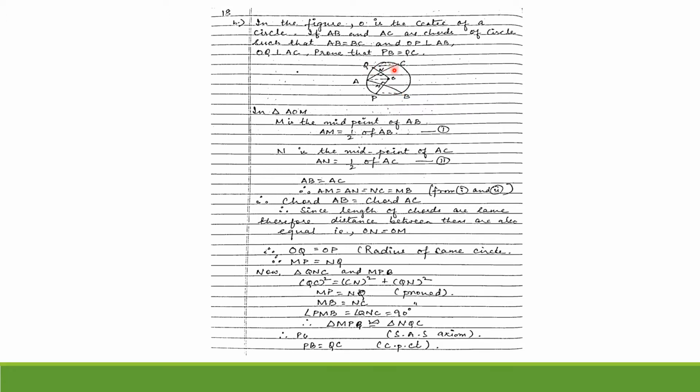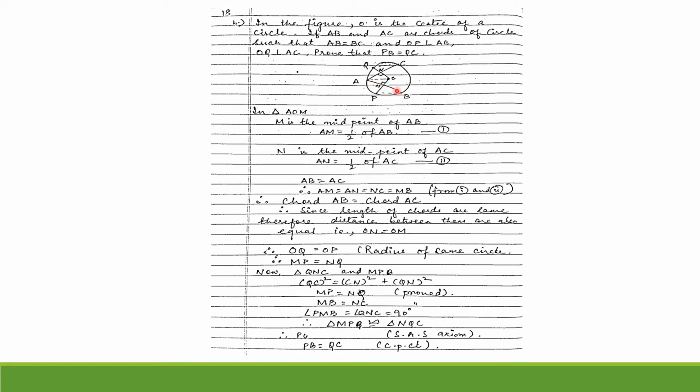Now if you see the triangles here, we need to prove that the triangles are equal, and that the different sides are equal, and with that we can prove that these two chords, that is PB and QC, are also equal to each other. So if I take first the triangle AOM, you see angle M is 90 degrees and point M is bisecting AB.